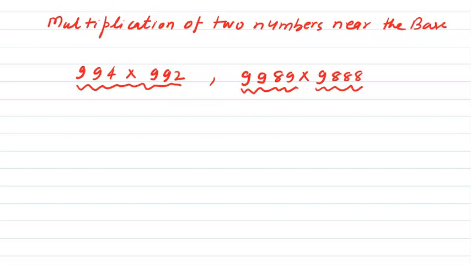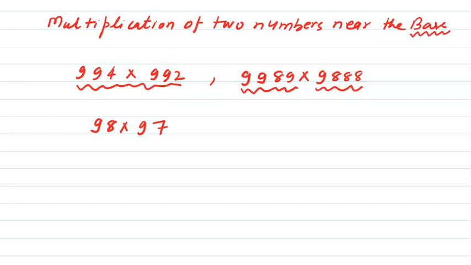So let us start. To start with, I am going to take a small example, and then I will solve these problems as well. So suppose I want to multiply 98 by 97. The first thing is that I hope you are clear about the idea of base.